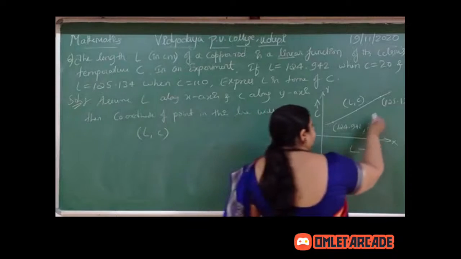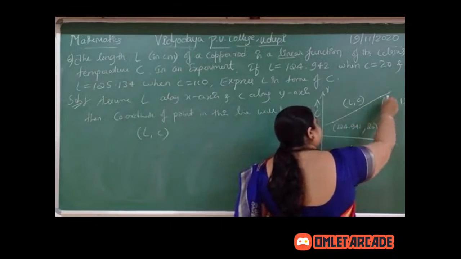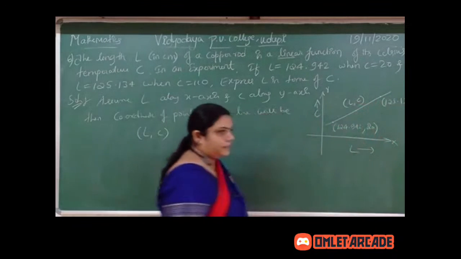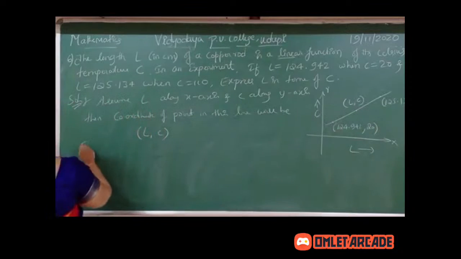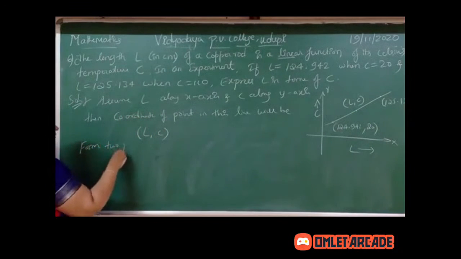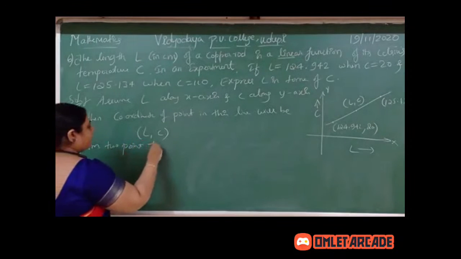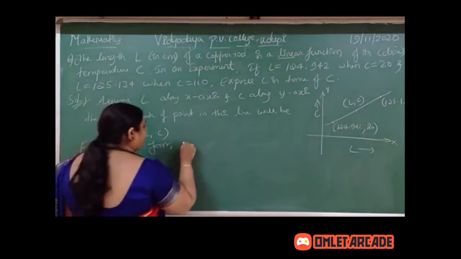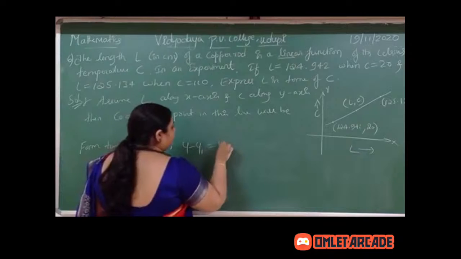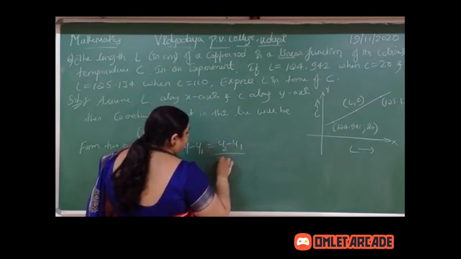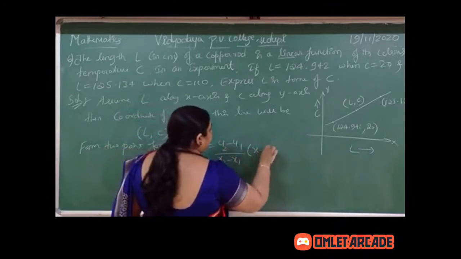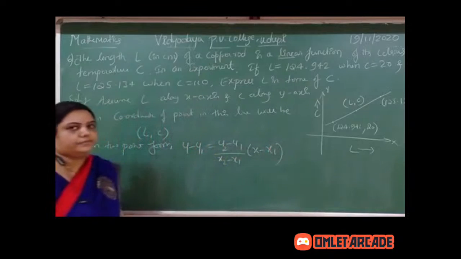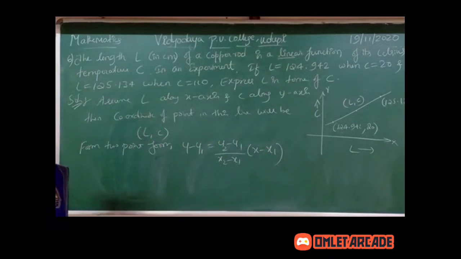Because two points are known and the points on this line are in terms of L and C. From the two-point form, the formula is y minus y1 is equal to y2 minus y1 divided by x2 minus x1, into x minus x1. This is the equation of a line in two-point form.